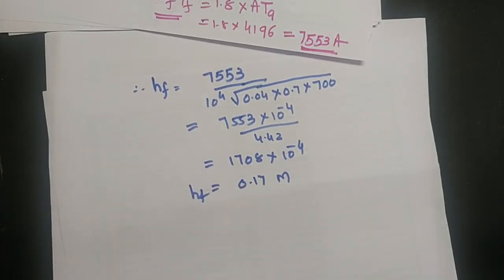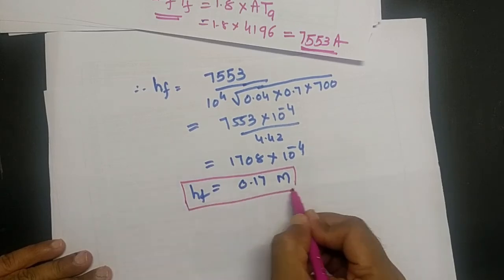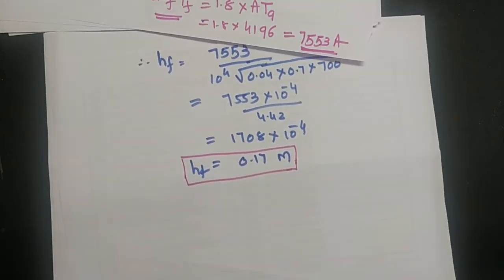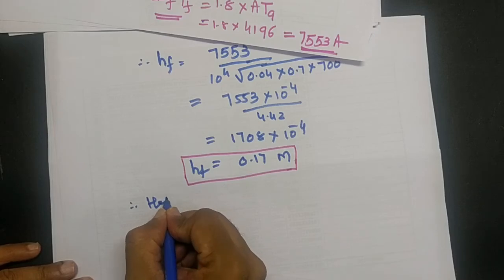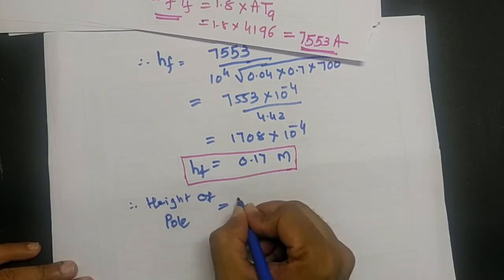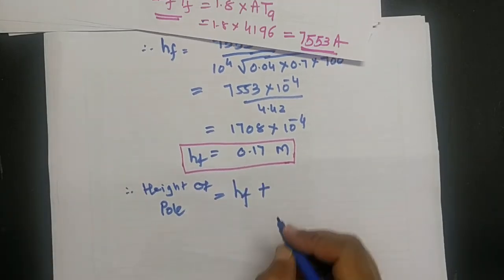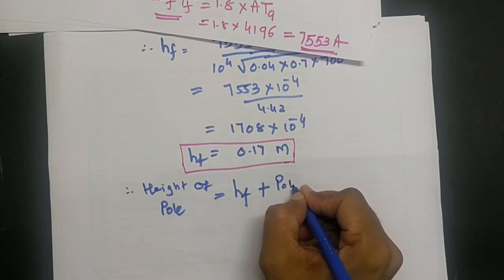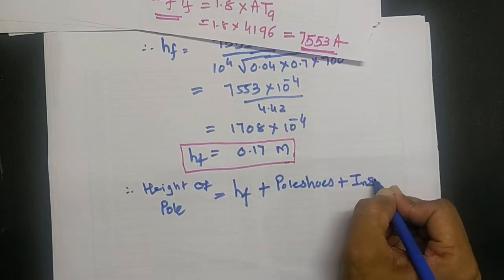So the height of the field winding we have calculated, and once it is available, based on it we can calculate the height of the pole. Height of the pole is the height of the field winding, plus we require some space for pole shoes plus insulation.